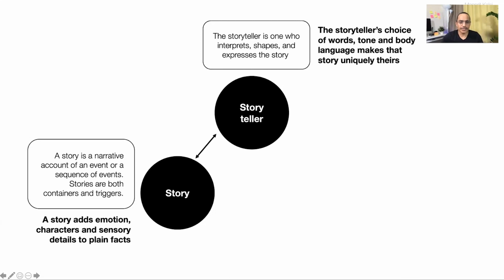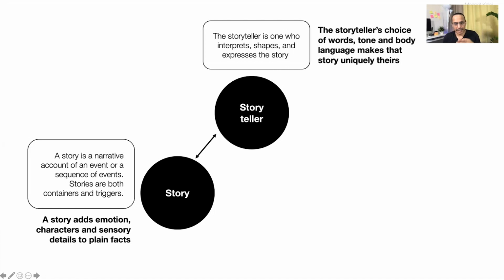Who is the storyteller? The storyteller is one who interprets, shapes, and expresses the story. He is the one narrating the events. The storyteller's choice of words, tone, and body language makes that story uniquely theirs.